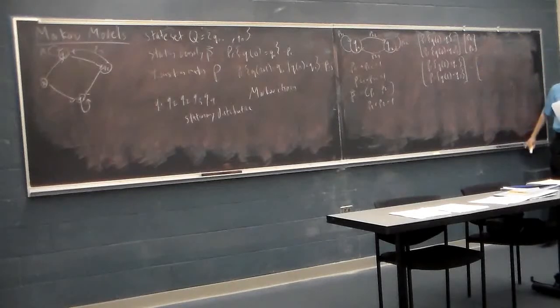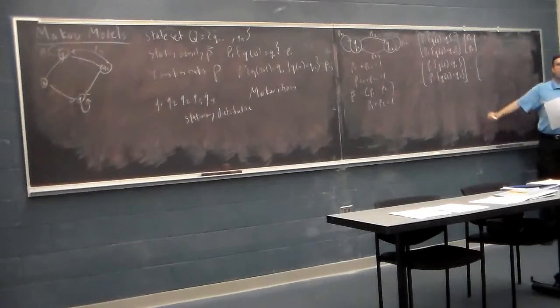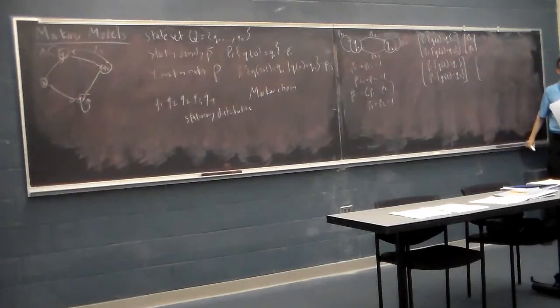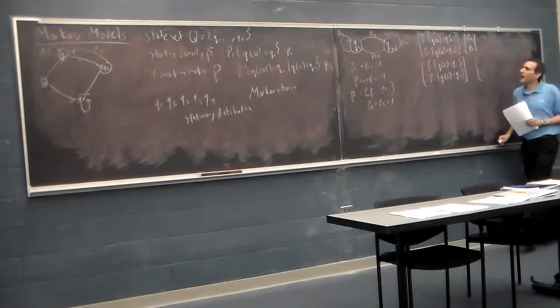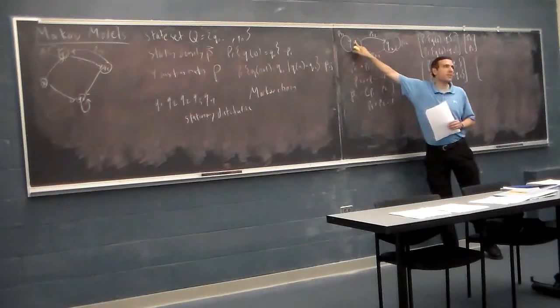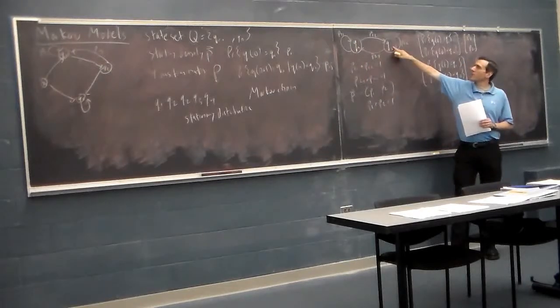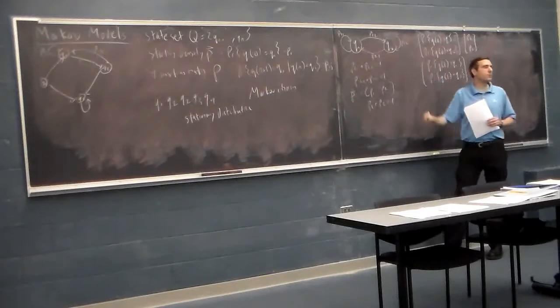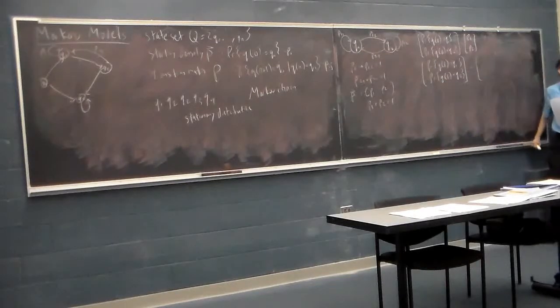In particular, the probability it's in state 1 at step 1 is going to be derived by looking at two different possibilities. Either it was in state 1 at step 0 and took the self-transition to stay there, or it was in state 2 at step 0 and took this P21 transition to move to state 1. One of those two things has to be true for it to be in state 1.